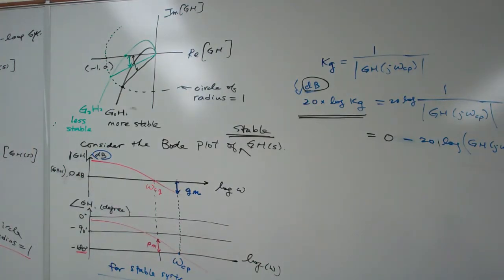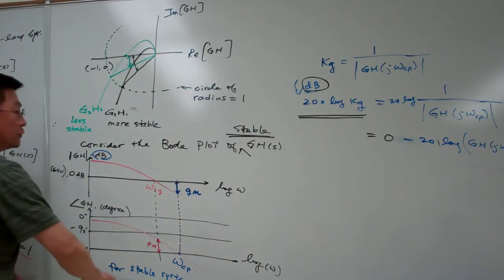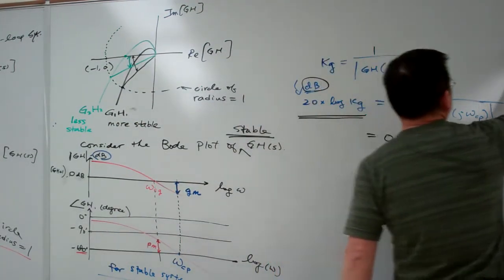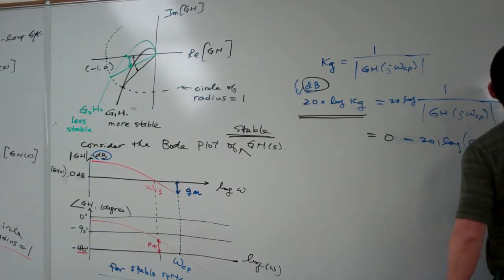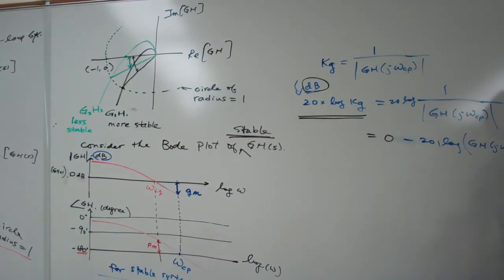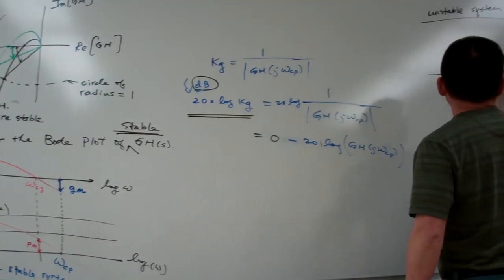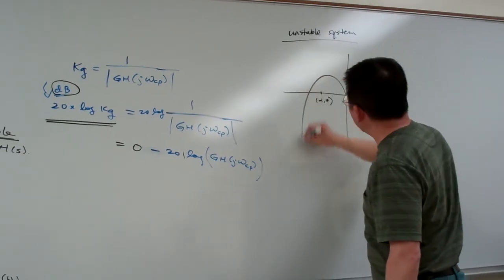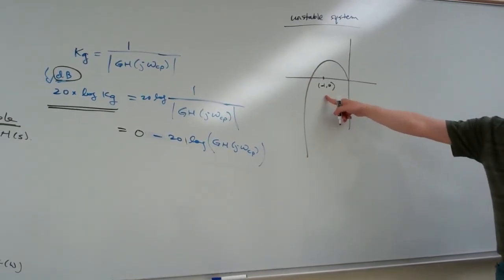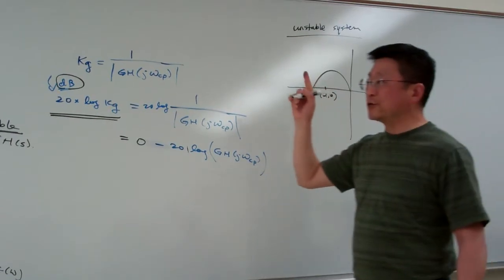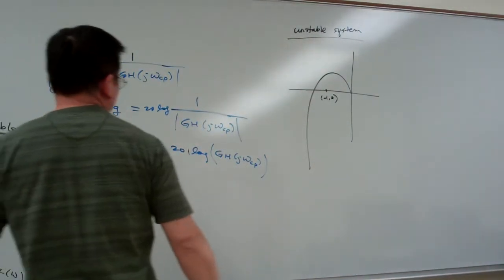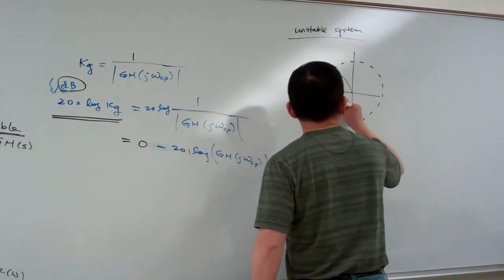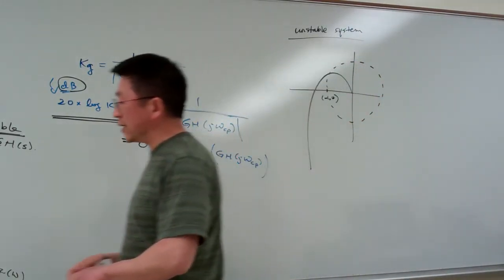Okay. And you might ask what happens to unstable systems. For unstable systems, the plot will be something like this. This is minus 1, 0, and the plot will encircle this point. For this case, you can try, using the definitions, so basically this is our circle here. Okay, so we can try again.